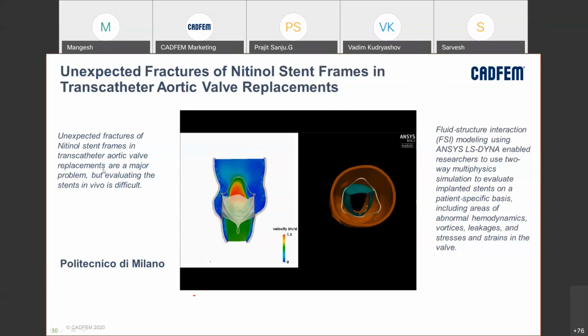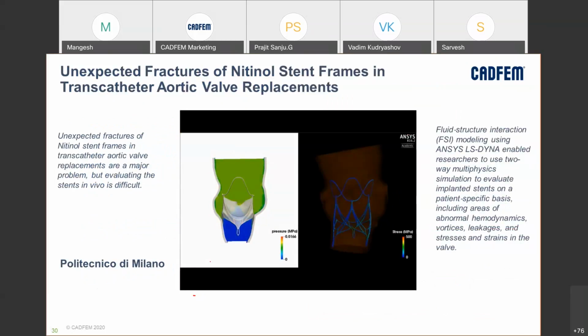There was an issue with the fracturing of these nitinol stent frames, right? Using simulation, they were able to identify in what condition this particular stent is working, and then map its stresses.